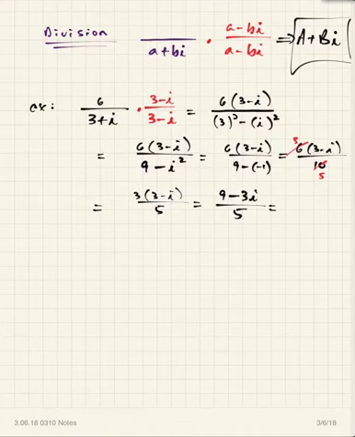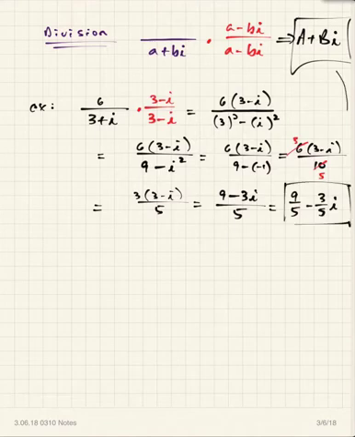Split the fractions up so that you have 9/5 minus 3/5 i. That number is in the form a plus bi: a constant plus or minus a constant times i. Once again, would I be okay with that answer? Yeah, I probably would. But you ought to be aware that in a textbook, they're likely to write it out as 9/5 minus 3/5 i. That's not uncommon.